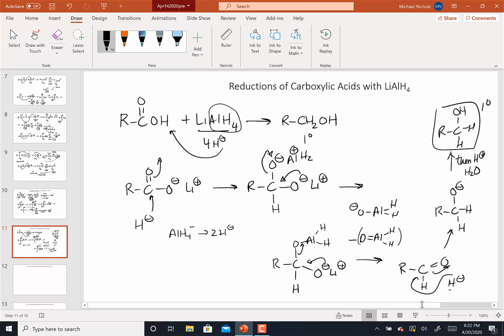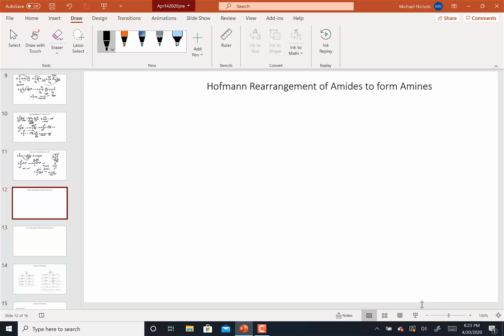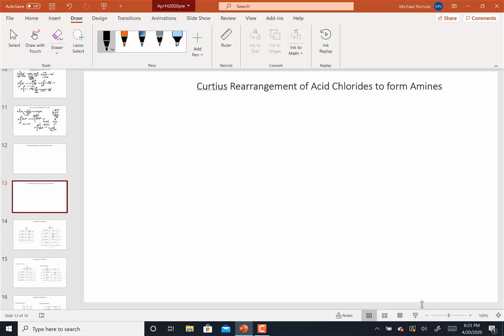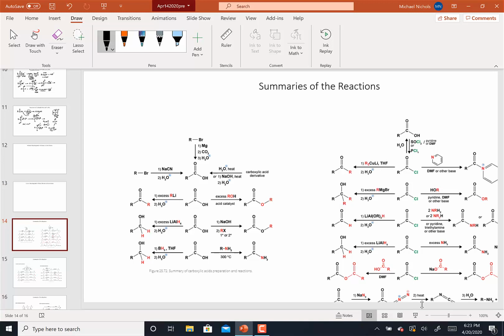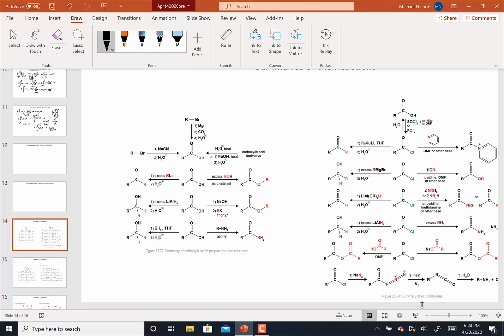Okay. So that is that reaction. The Hofmann rearrangement of amides to form amines we will talk about in the next lecture, along with the Curtius rearrangement, which is going to lead us into the next chapter. If you're wondering, all the reactions that we've learned are basically here.